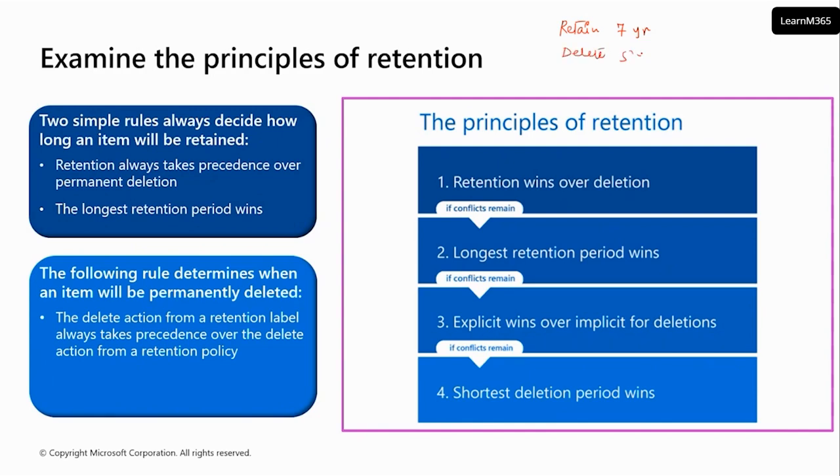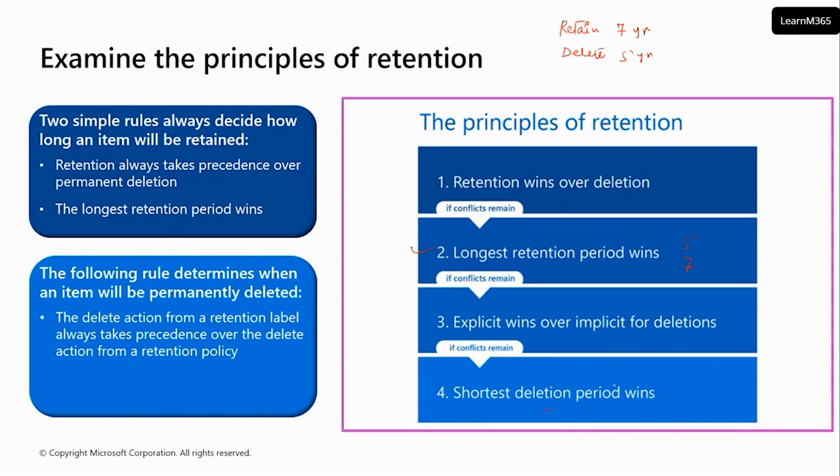Or delete when it reaches 5 years old. So in that, retention will win. Microsoft will try to retain your item. Then the longest retention period wins. For example, you have a retention policy of 5 years or 7 years. The longest will win. Explicit wins over implicit for deletions, and the shortest deletion period wins.